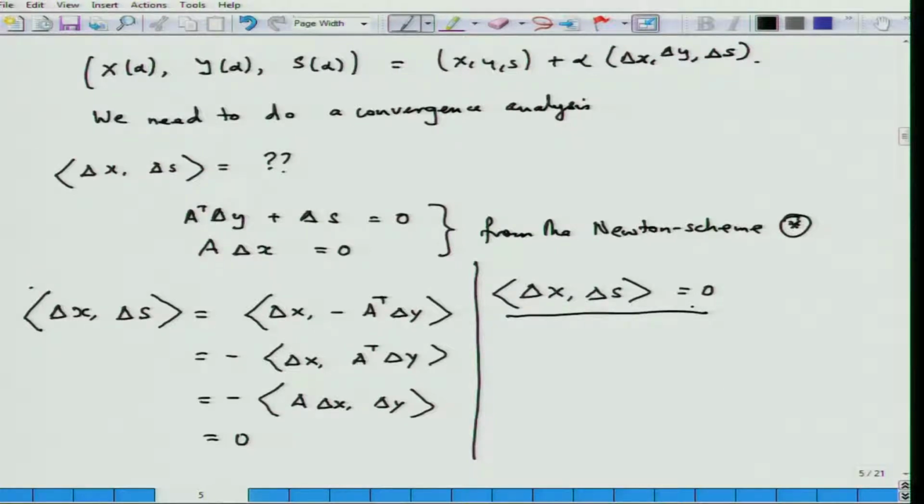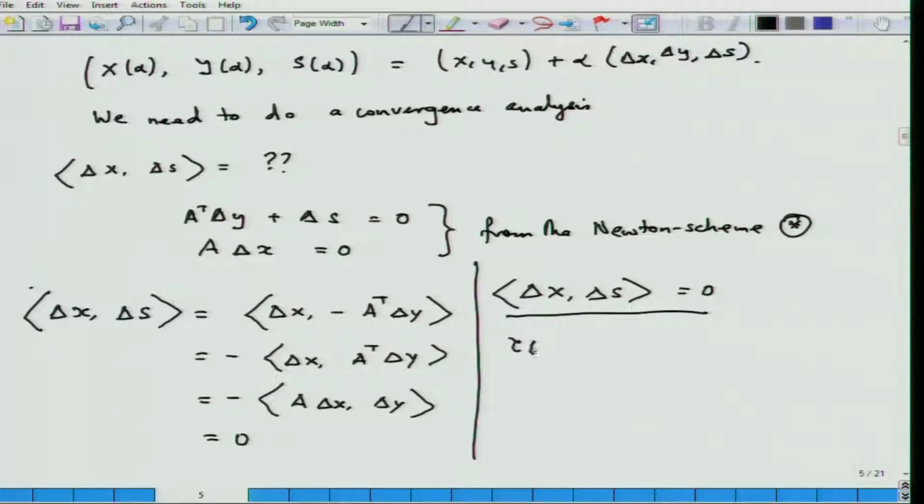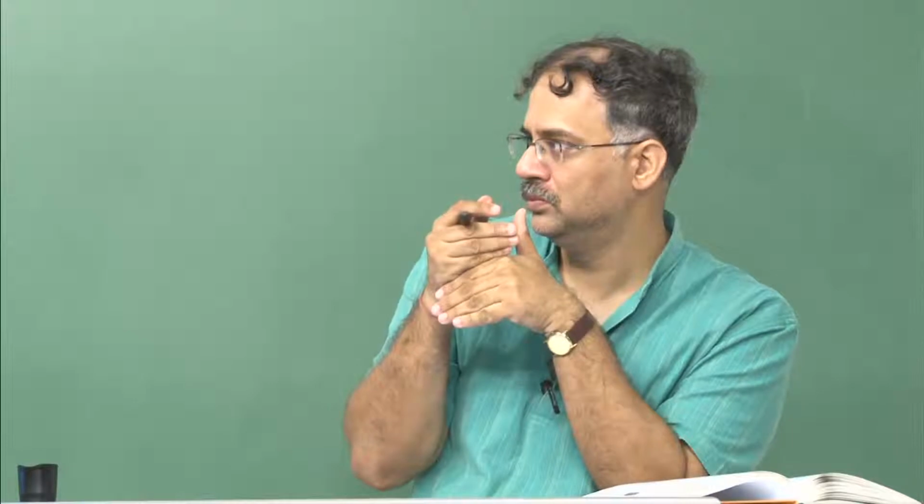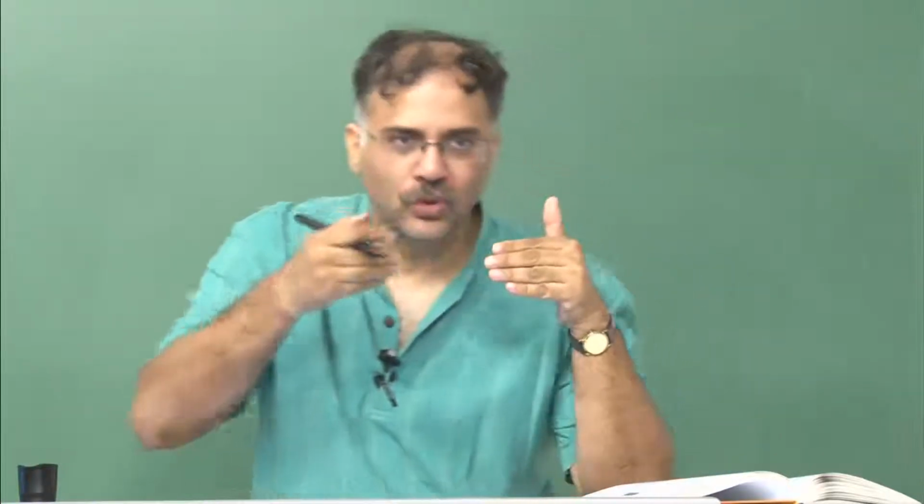Now, an interesting question is, can I compute the value of tau alpha? Tau alpha of course means... so can I relate, see tau alpha has to be such that it has to be smaller than tau, because my tau has to go down.